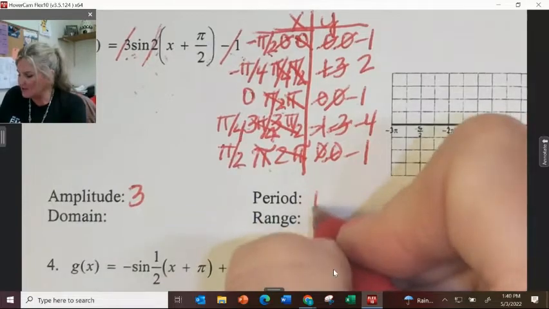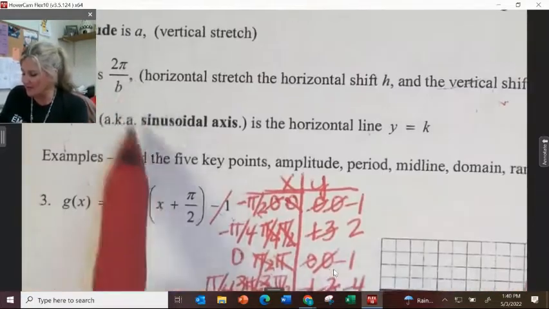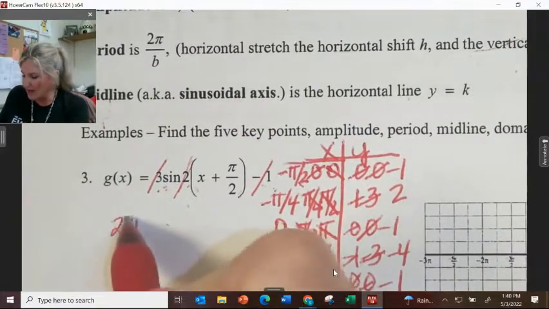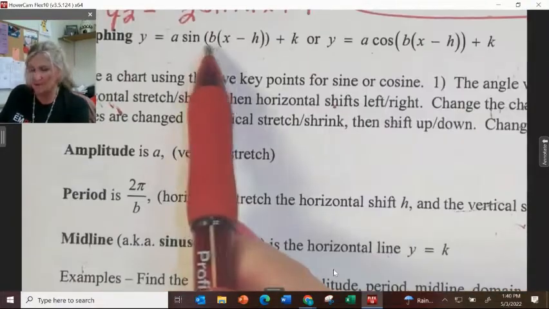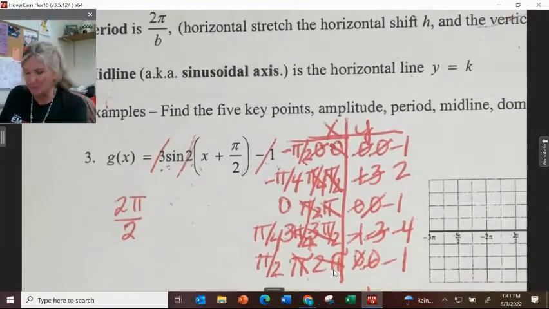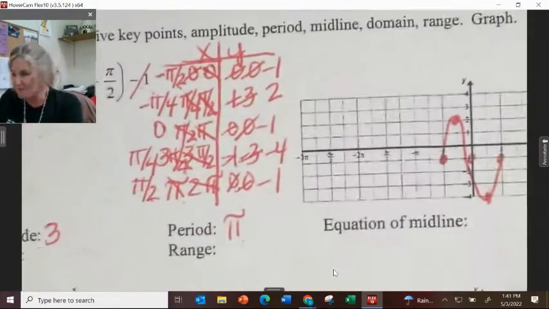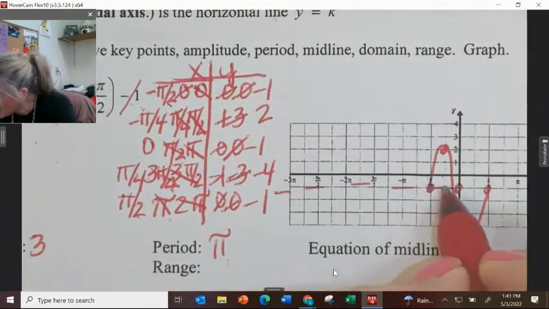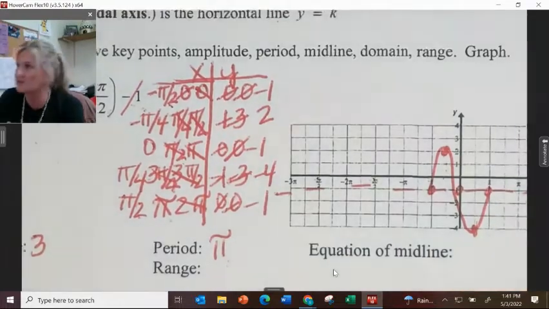Pi. Here's the other way to find the period, guys, right here. 2 pi over b. 2 pi over, what is the b value? 2. Doesn't that make sense? It's pi.